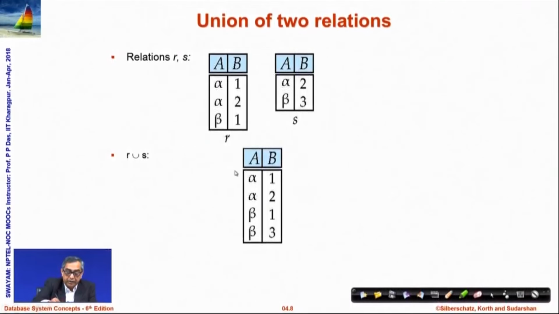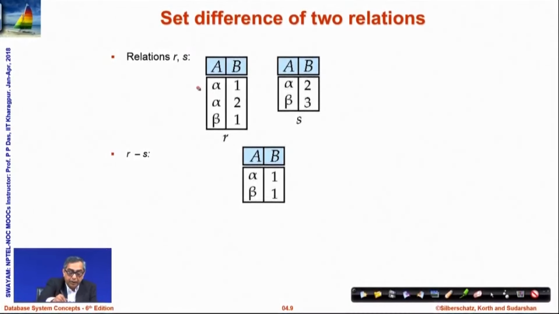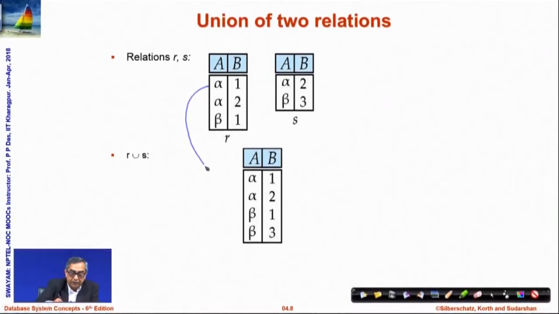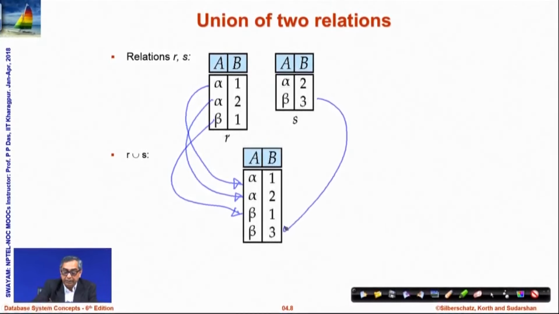So, here alpha 1 is coming here, beta 1 is coming here. In terms of the other relation, alpha 1 is coming here, alpha 2 is coming here, beta 1 is coming here, beta 3 is coming here, and alpha 2 is coming here.